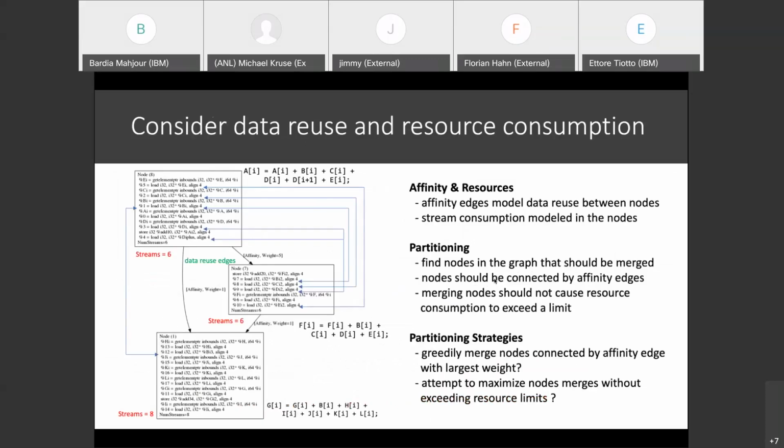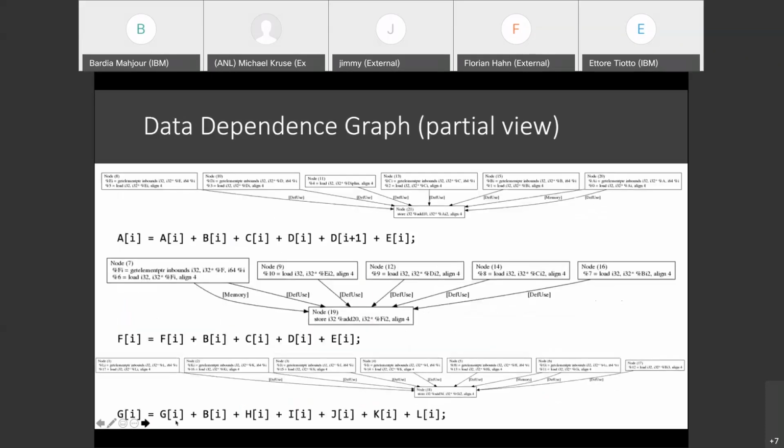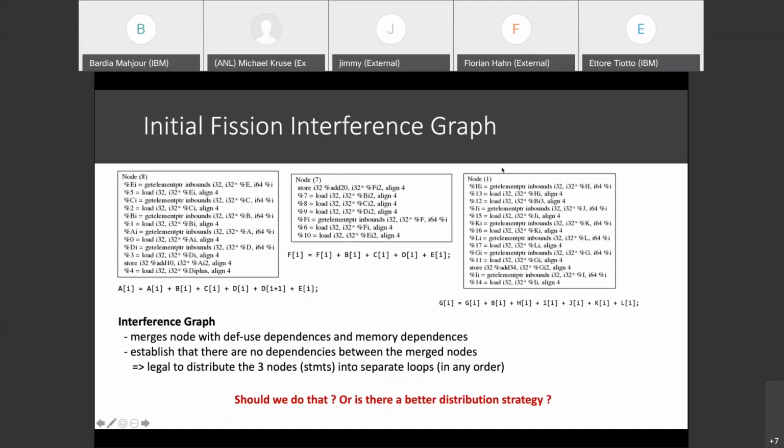Sorry, I have to go back one. When we create the interference graph, we take the data dependence graph and create a new graph where we have merged nodes that can be merged without breaking dependencies. In the first case, we have merged all the diffuse and memory dependencies into the consumer node.